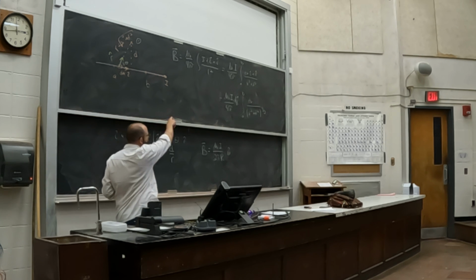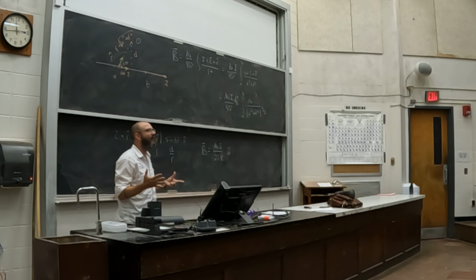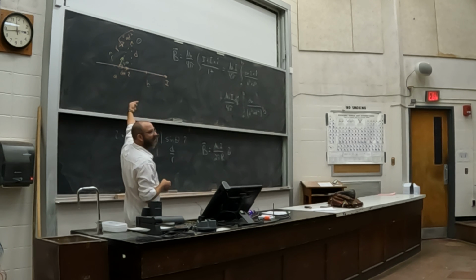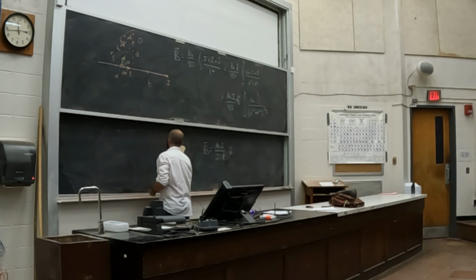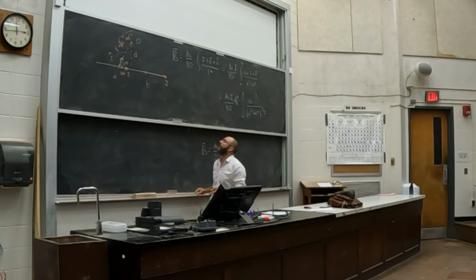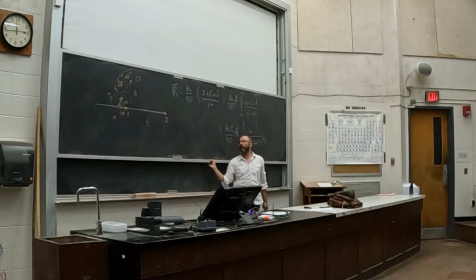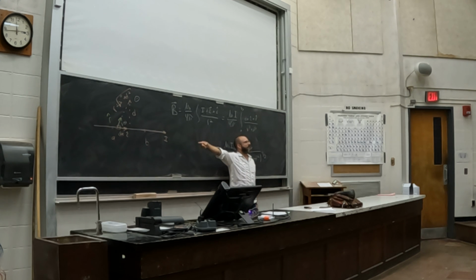What I've done here is to find that the field in this orientation is coming out of the board. So let me draw that for you. Let me shift my perspective to over here, and I'm going to look down the wire. As I'm looking down the wire, at the point which I've drawn up there, the field is coming out of the board. So let me draw that.